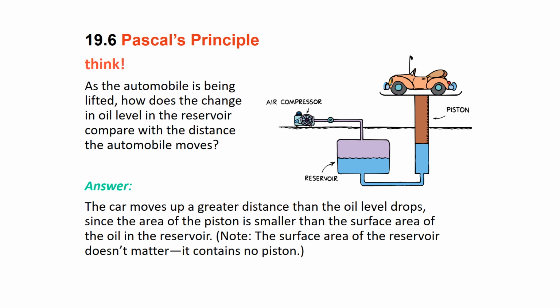Answer: the car moves up a greater distance than the oil level drops, since the area of the piston is smaller than the surface area of the oil in the reservoir. Please note, the surface area of the reservoir does not matter. It contains no piston.